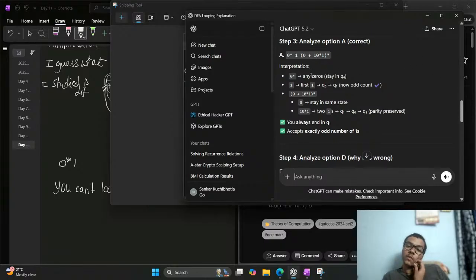So any number of zeros, and first one, Q0 to Q1 now, and count. 0 stays in the same state.